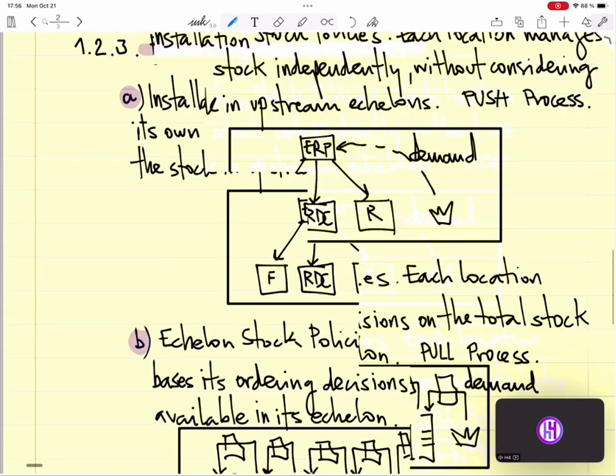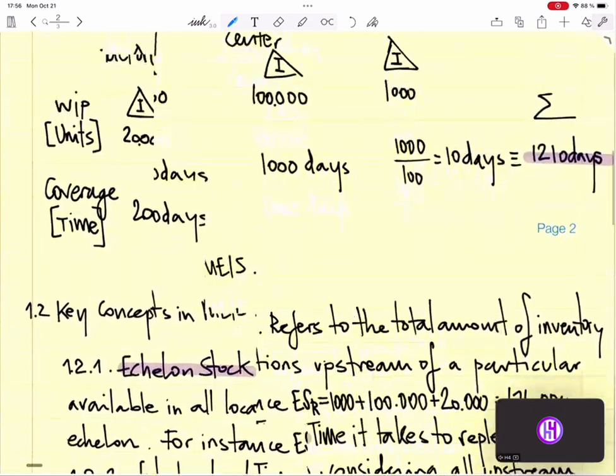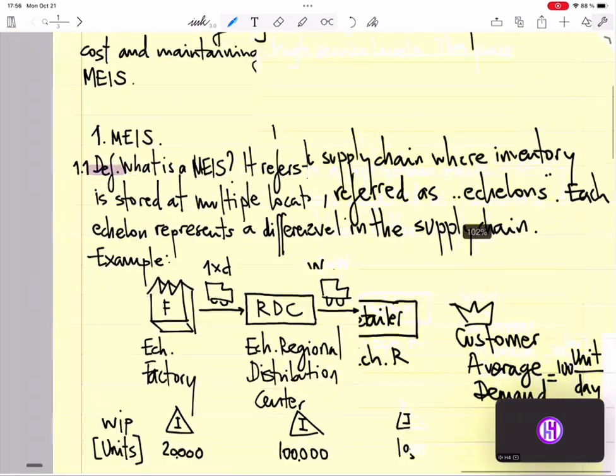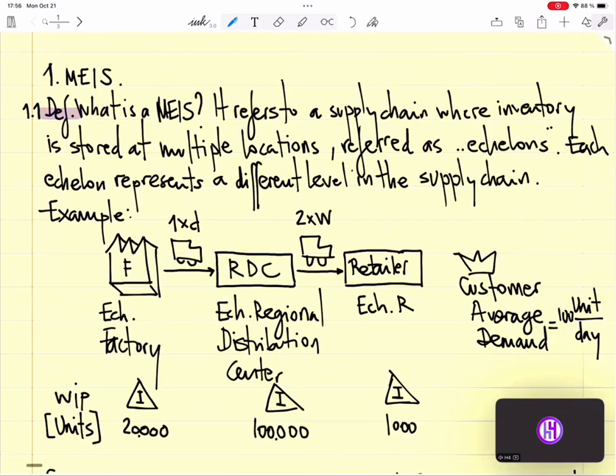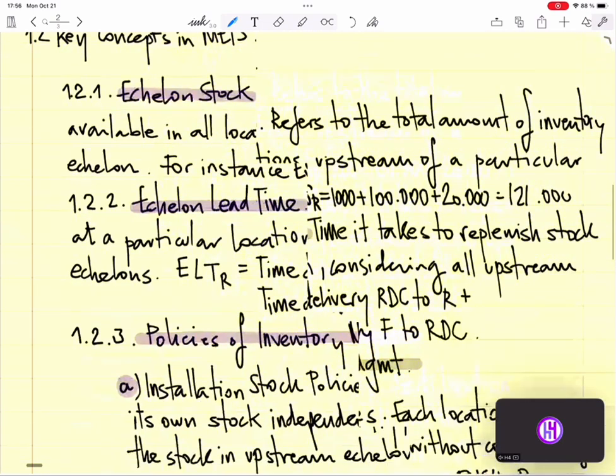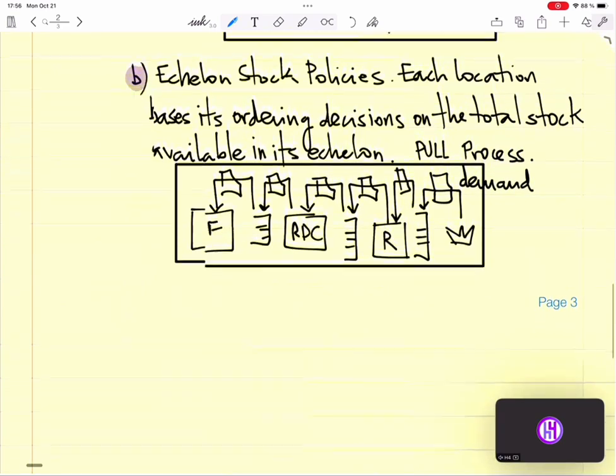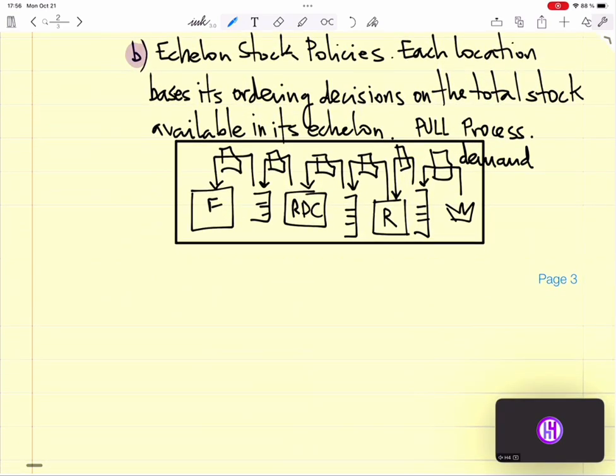This is just some key concepts. We have seen a definition of what is a MEIS, some concepts that are important, and now we go into the math models for MEIS.